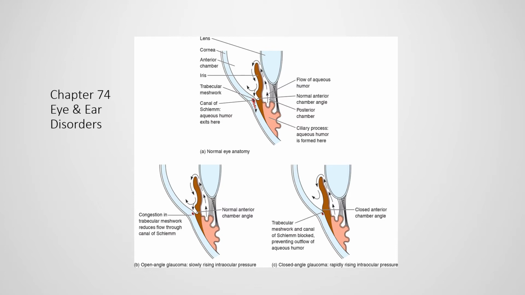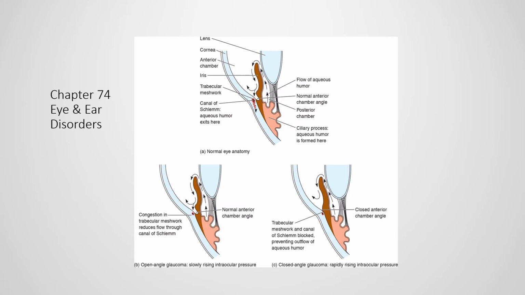Looking at the top slide, the first part that the light hits is the cornea, and then it goes into the anterior chamber, which has fluid in it called aqueous humor. That's before your pupil, and your pupil is made up, of course, of your iris. That's what gives your eye its color.